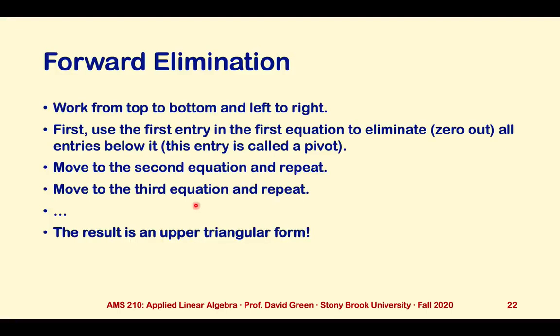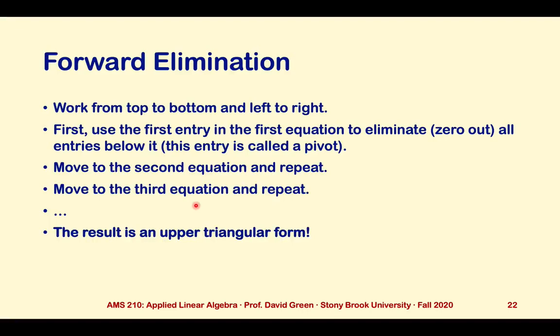We then move to the second equation, moving down a level and over to the right one position, and look at the second variable. Again, we use that entry from the second equation as a pivot to eliminate the entries below, move down and to the right, and repeat until we reach the bottom.